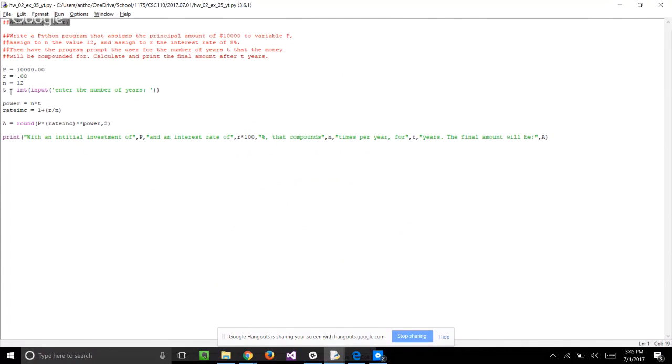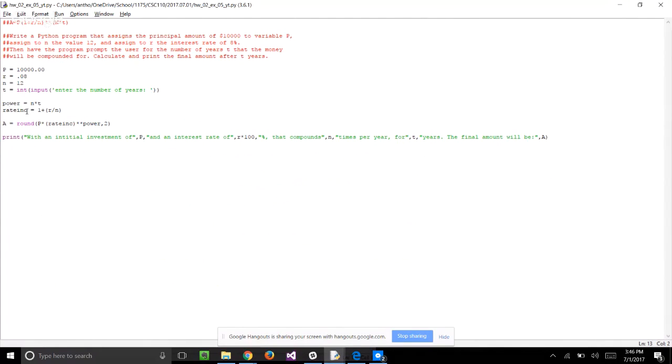You could say it compounds quarterly, but for the assignment, it was 12. Now here for T, I'm asking the user to input the number of years that this loan is for. However, I also have to cast it to an int. Otherwise, in part of the formula, I'm trying to take a string and multiply that by a number. It didn't work out.